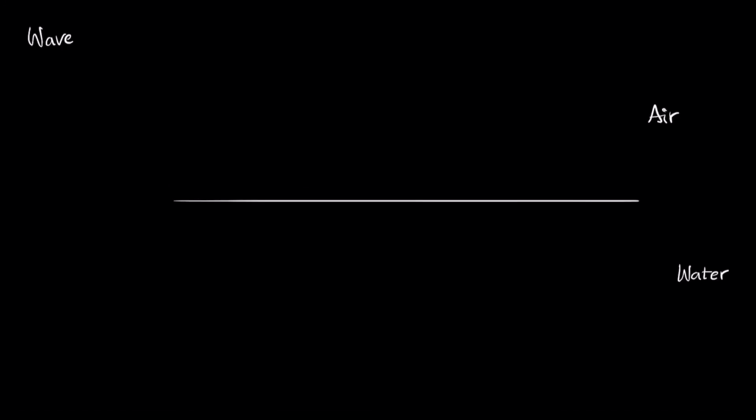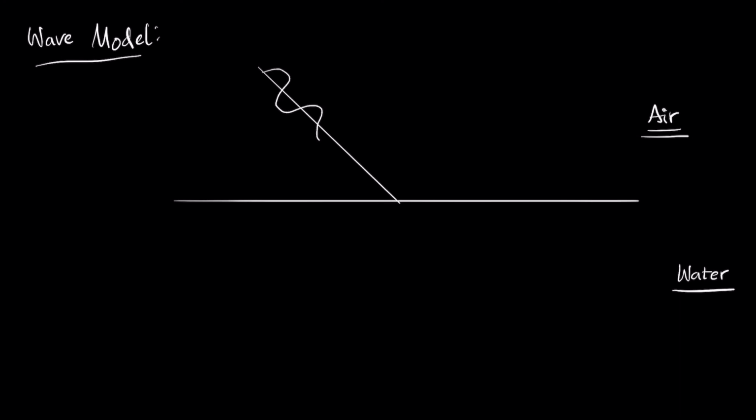On the bottom side we have water, and on the top the medium is air. Now we consider the wave model of understanding refraction. What happens when a wave comes in? Let's say I'm trying to draw a wave. There is a light wave that's coming onto the surface.